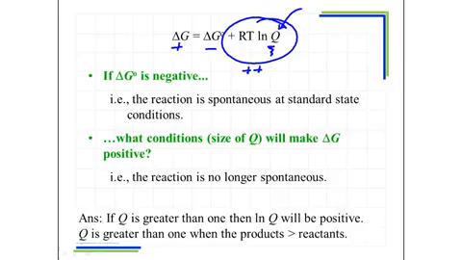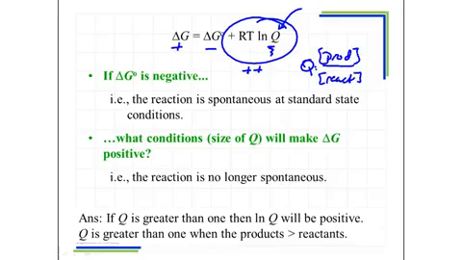As long as Q is greater than 1, then when we take the natural log, it'll be positive, and this term that I have circled up there is going to be a positive term. We just got to make it positive enough. So any time that the products are greater than the reactants, because remember what Q is? It's products over reactants, raised to the power of their coefficients.